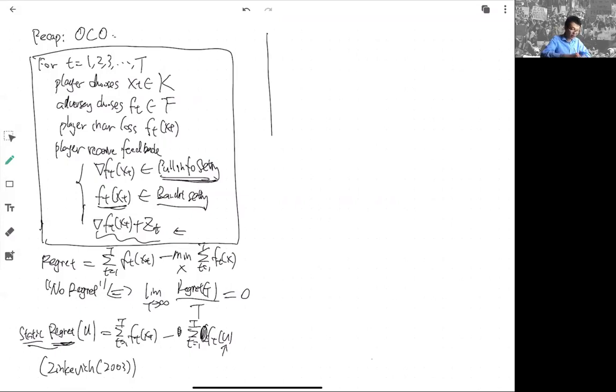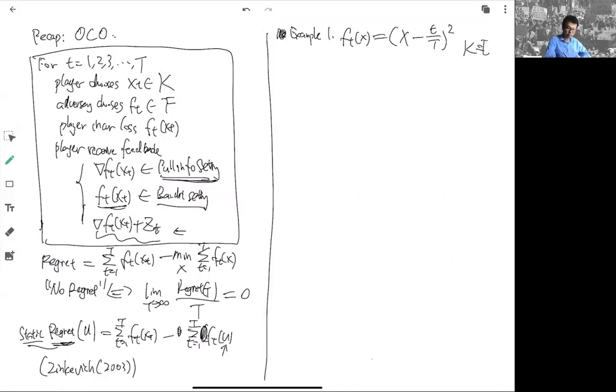Okay, so let's give an example of why this static regret setting is limiting. I'll call it example number 1. Let's say that the adversary comes up with a sequence ft of x equals x minus t over T, squared. Maybe the set is 0 to 1.